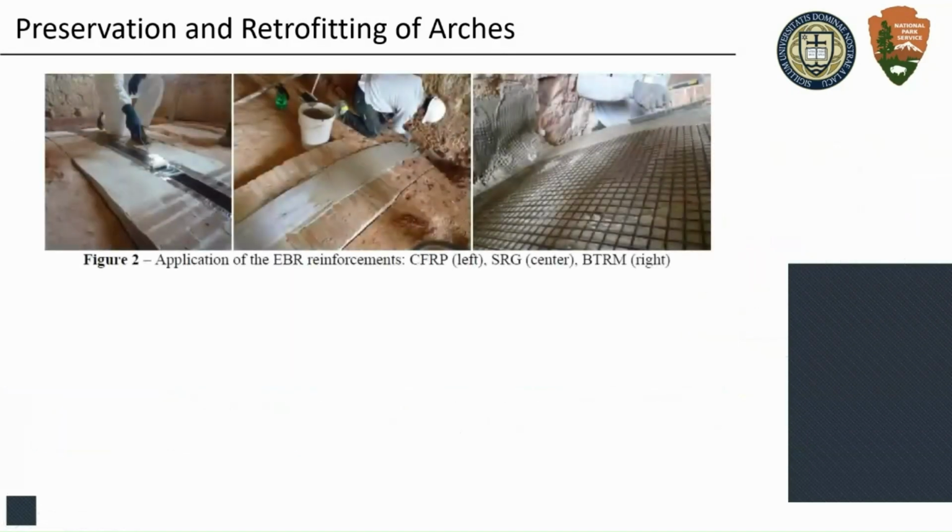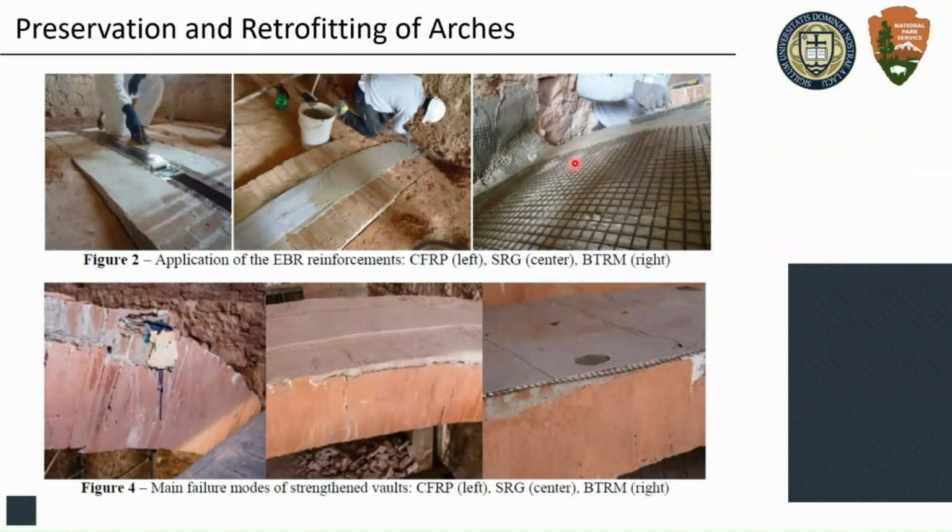And when we look at this, this is the way that they strengthened the arches, right? We have the FRP to the left, then we have the steel reinforced grout, and then we have the basalt textile to the right. And I'm showing you here the failure modes after you apply that load and it fails.